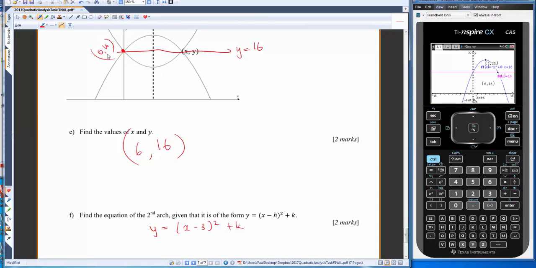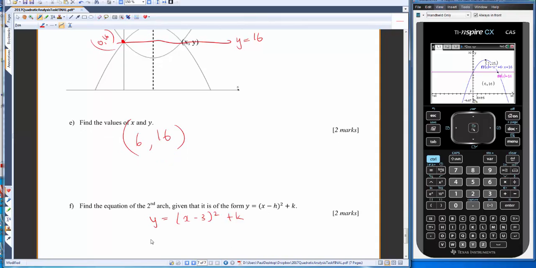Again, it's pretty easy. We've got 2 different options, 0, 16 or 6, 16. I'm going to go with the easy one, 0. So y equals 16, negative 3 squared, because x is 0 at that point, plus k. That means that k equals 16 take away 9, which is 7.